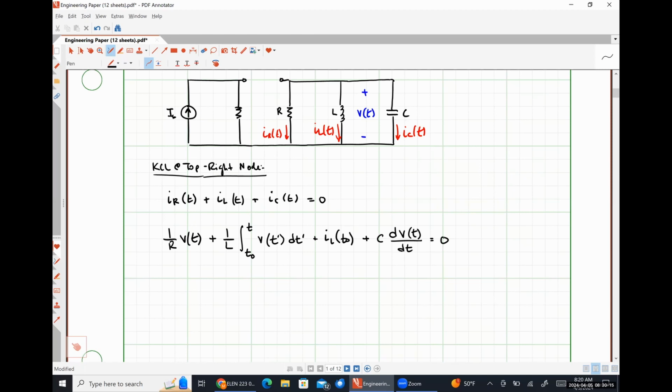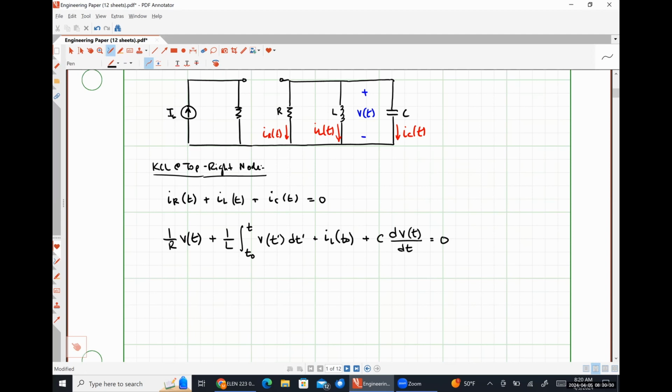So I'm just using the current-voltage relationships that we learned in circuits one for a resistor, an inductor, and a capacitor here. And I have what's known as an integro-differential equation.